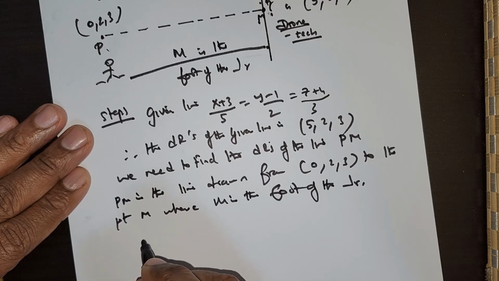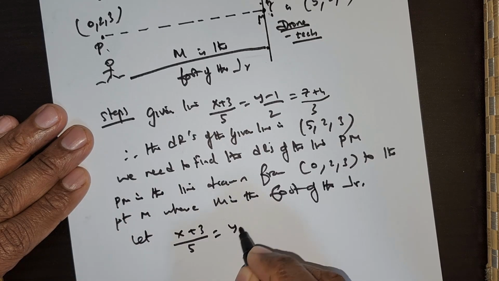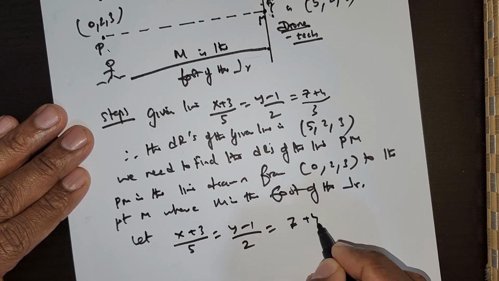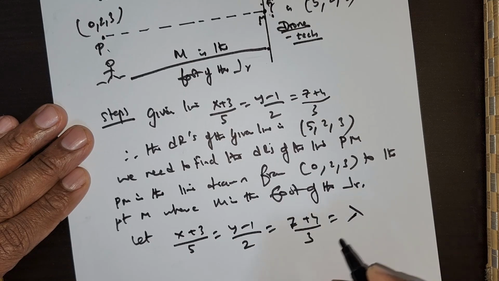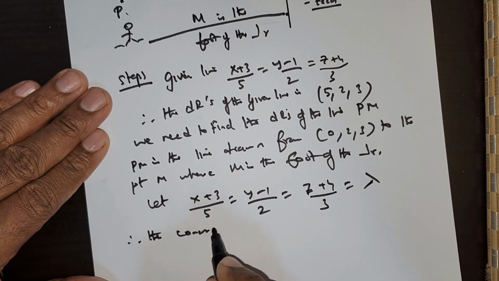For that, let (x + 3)/5 = (y − 1)/2 = (z + 4)/3 = λ.